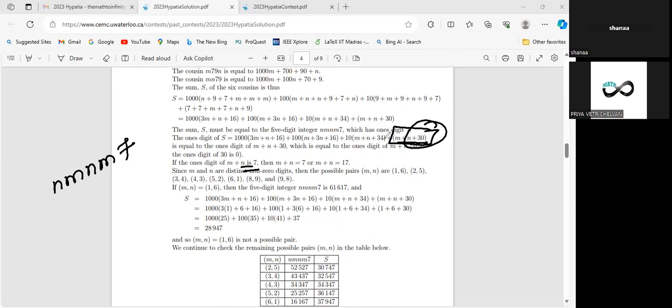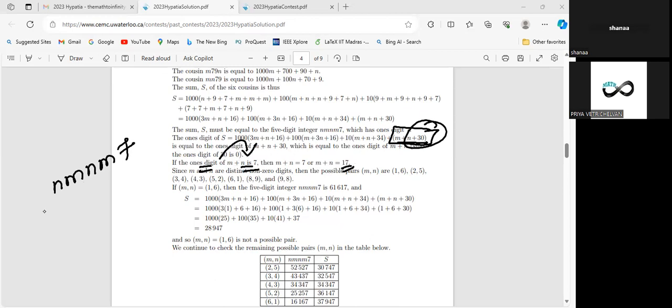So M plus N would be 7 or 17, because the unit digit is 7. Do you understand? Yeah. The ones digit of M plus N is 7 or 17.